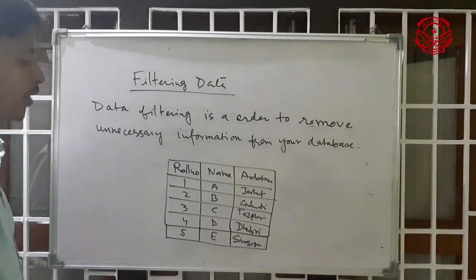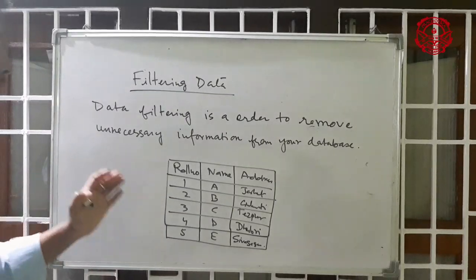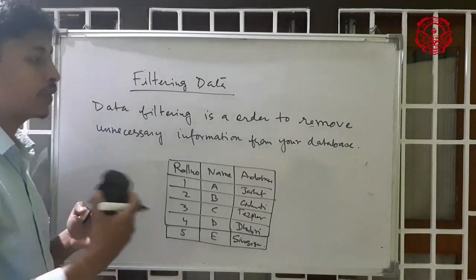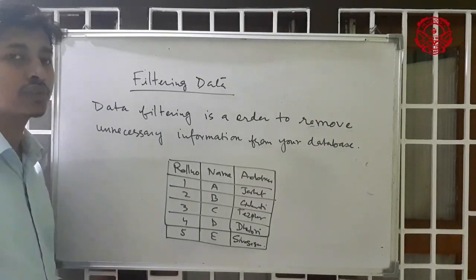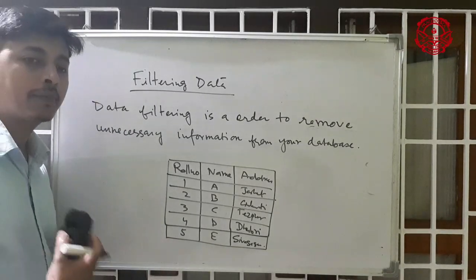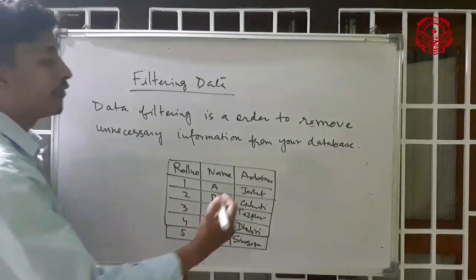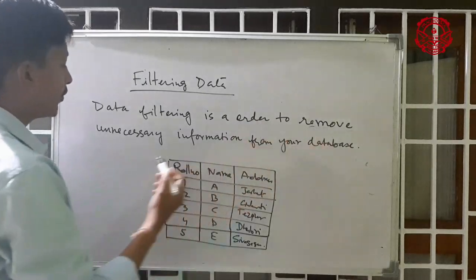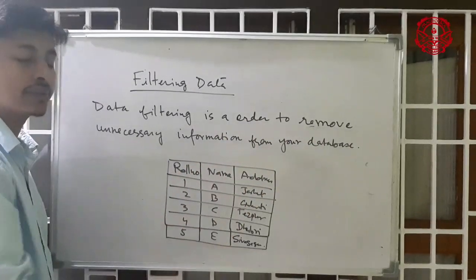Now see, for example, I want to keep only that information which is important for me, or for our company or our institution, or important for our purpose. That's why we can filter this record. Data filtering is done to remove unnecessary information from your database.